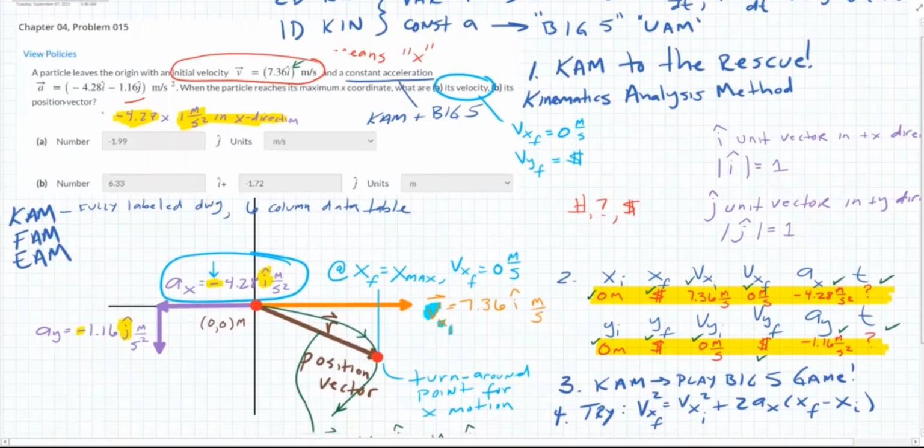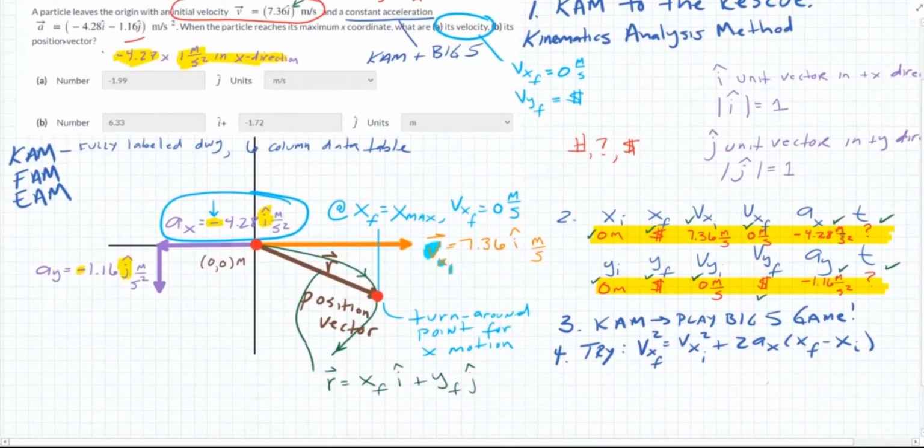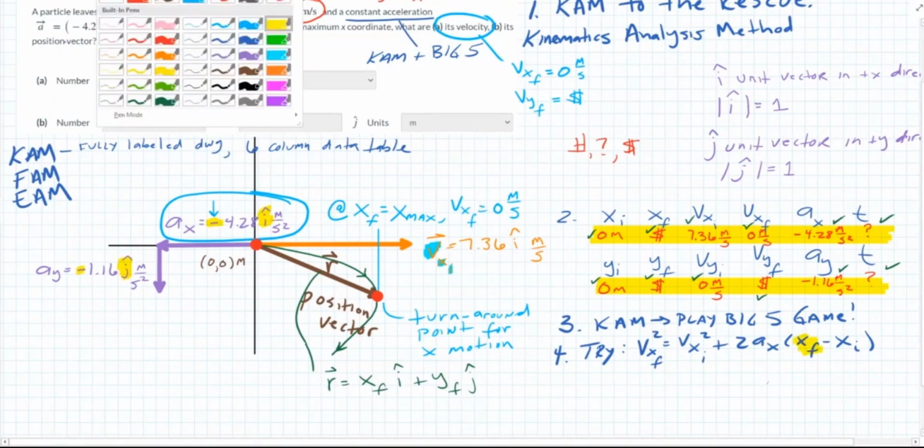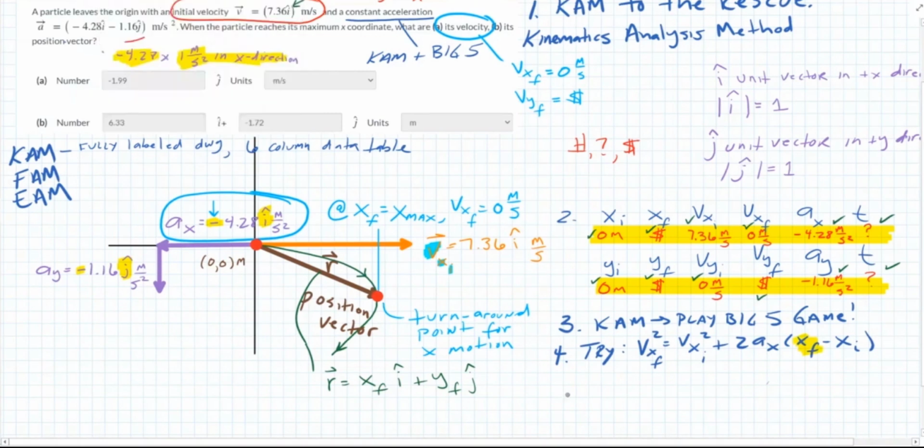I don't know time, but I'm feeling okay not knowing time, because this equation, one of the big 5, has no mention of time. And yet here's my dollar sign right here. All right, so let's get one of the dollar signs answered by solving number 4.